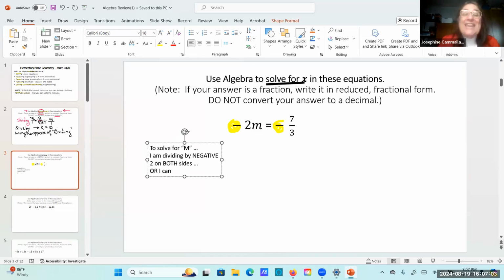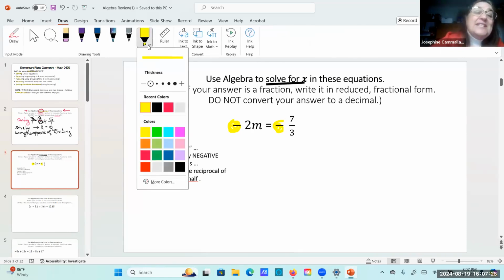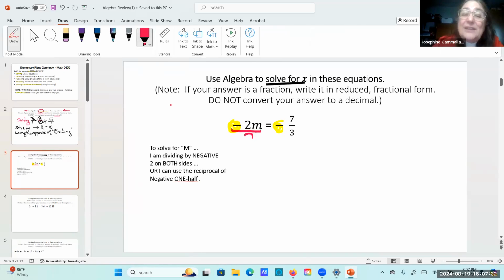Or I can use the reciprocal of -1/2. Okay. So I can do either one. Okay. The easier part is if I divide by -2.